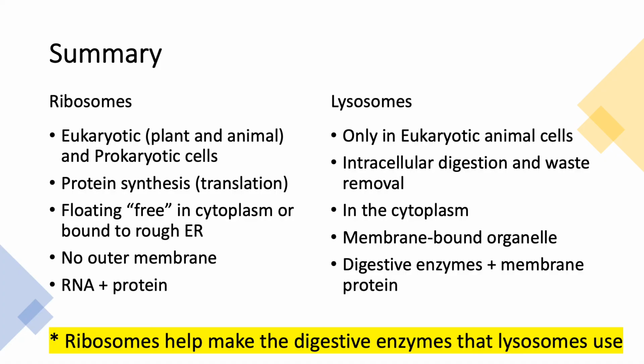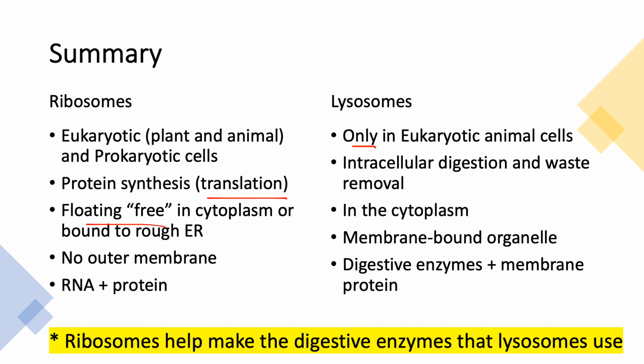So as a brief summary of ribosomes and lysosomes, ribosomes are present in both eukaryotic and prokaryotic cells, while lysosomes are only in eukaryotic cells. Ribosomes are involved in protein synthesis, specifically in the translation step, whereas lysosomes are involved with intracellular digestion and waste removal, and remember, as well as their immune response.